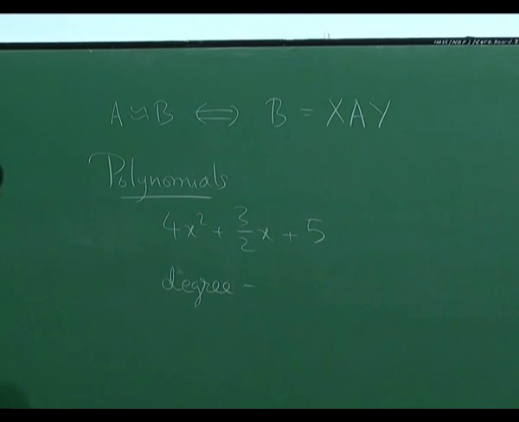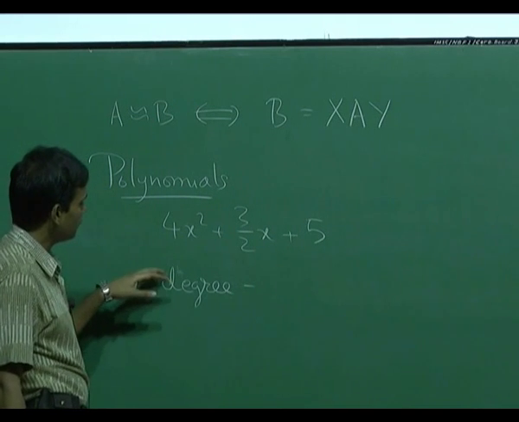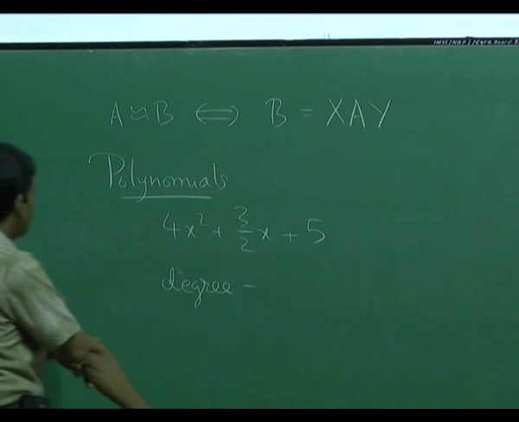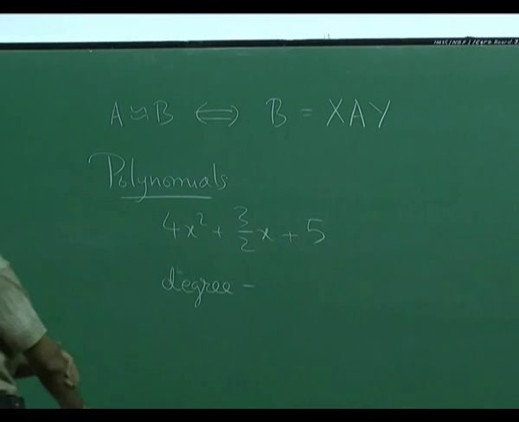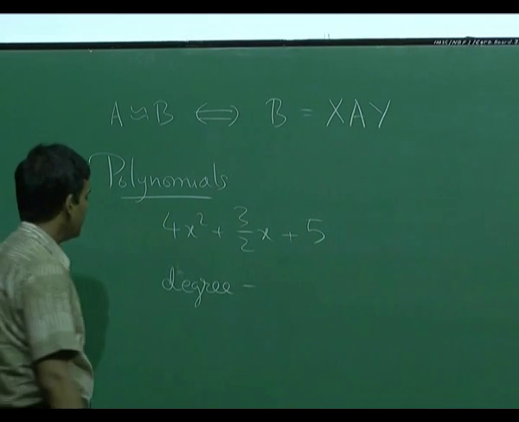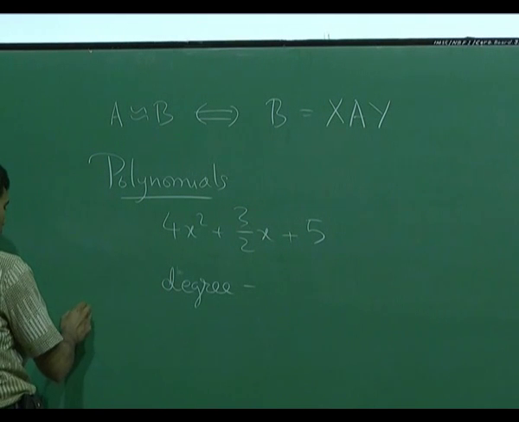And this degree plays a very important role in the algebra of polynomials. It plays the same role that absolute value plays in integers. Namely, you have something called the division algorithm.